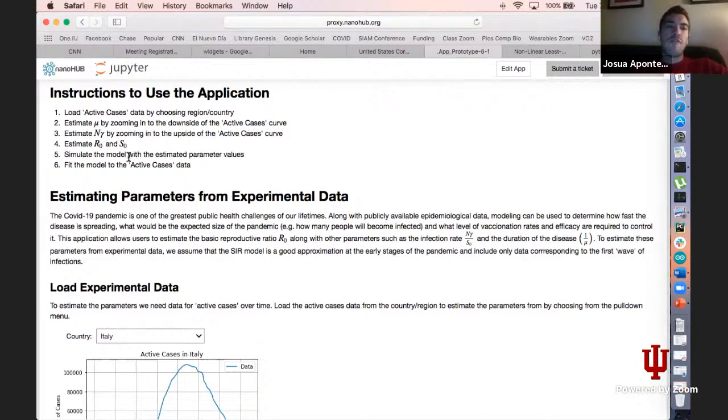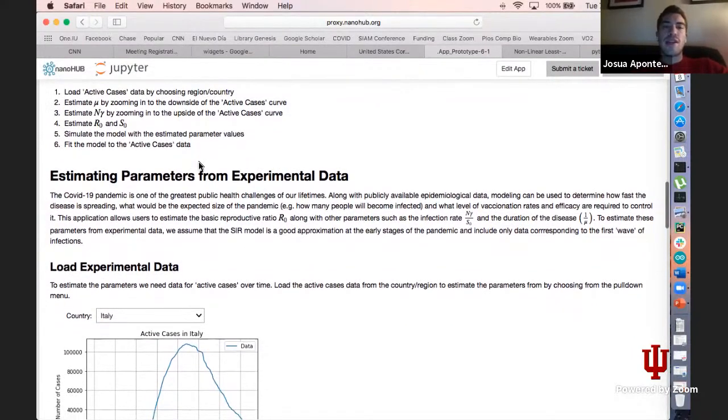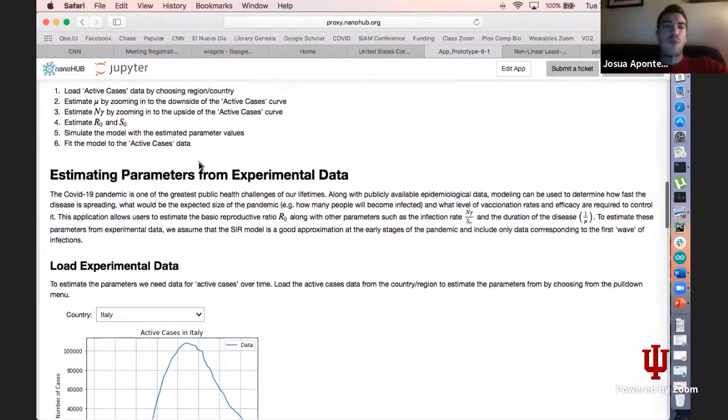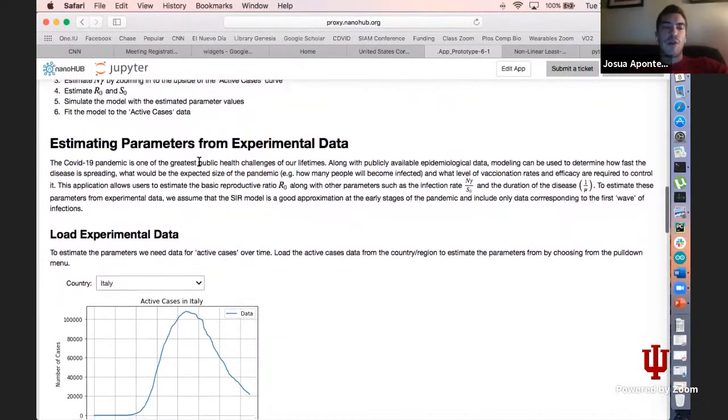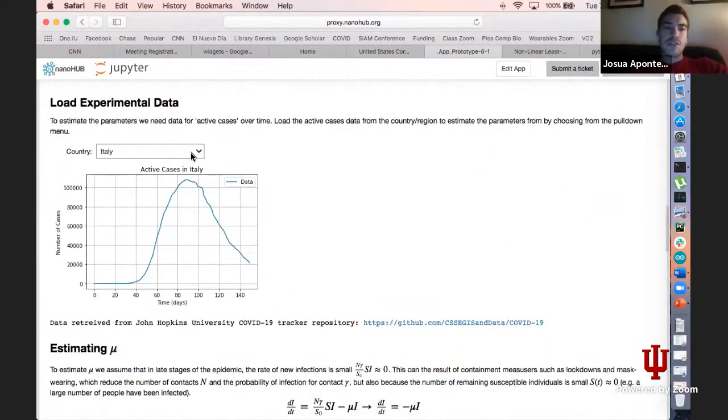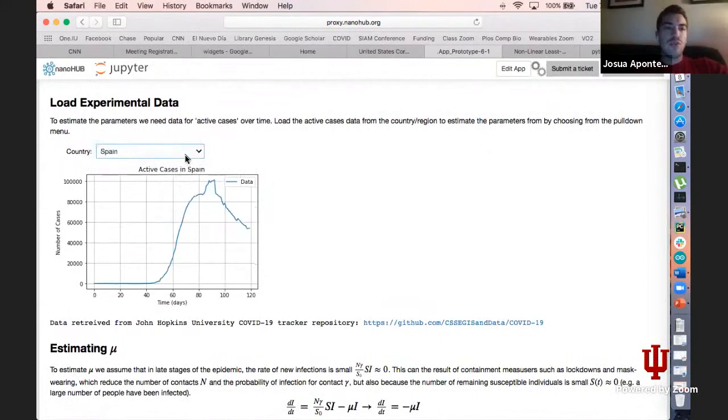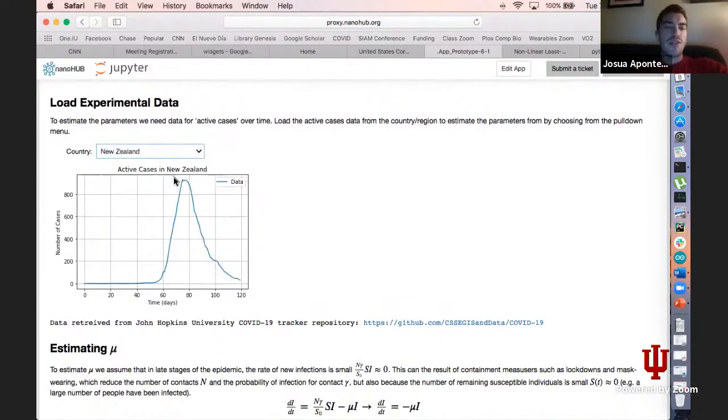And then once all of the parameters have been estimated, we can simulate the model with these estimated parameters to get an initial sense of how far we are away from the experimental data, and then we can fit the model. So here the user can choose from the drop-down menu what data set they want to fit.